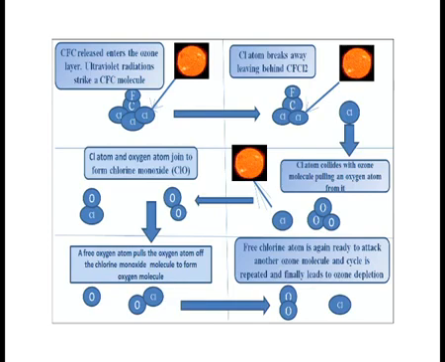This chlorine atom collides with an ozone molecule, pulling an oxygen atom from it. Chlorine atom and oxygen atom join to form chlorine monoxide. A free oxygen atom pulls the oxygen atom off the chlorine monoxide molecule to form an oxygen molecule, and the free chlorine atom is again ready to attack another ozone molecule, and the cycle is repeated and finally leads to ozone depletion.